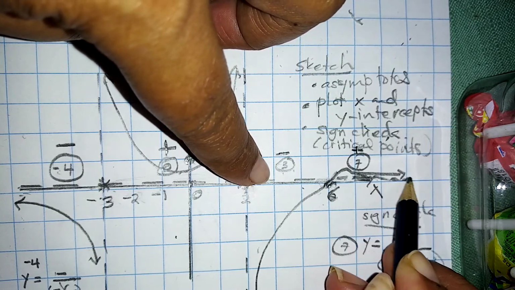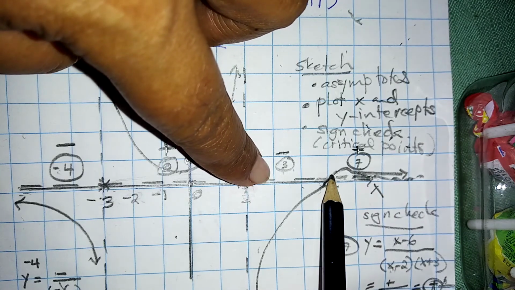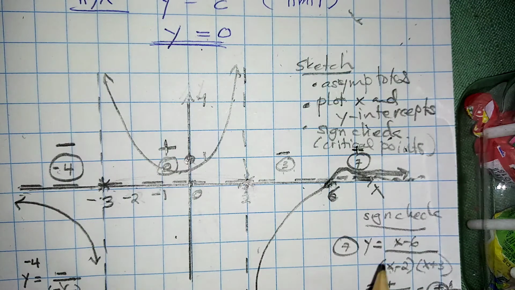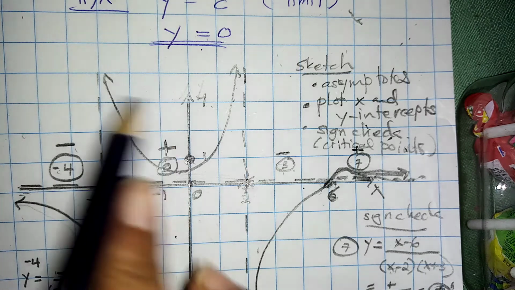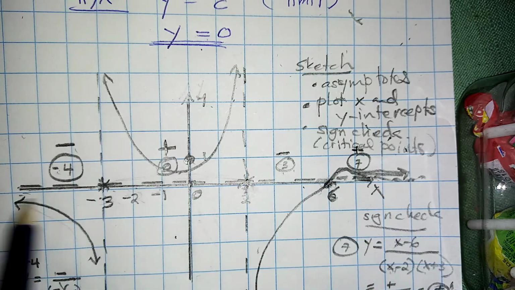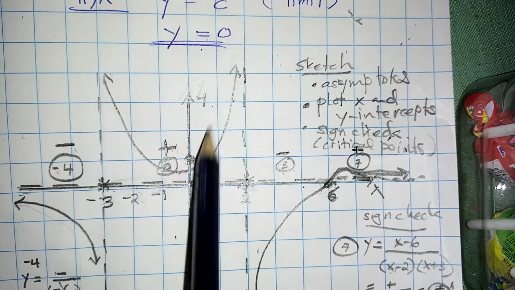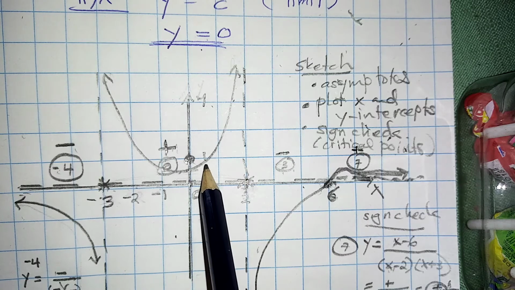This is your horizontal asymptote. Where it is negative, it's at the bottom of the x-axis or the horizontal asymptote. Where it is positive, it's on the top. So this one starts from the y-intercept, which is 1.